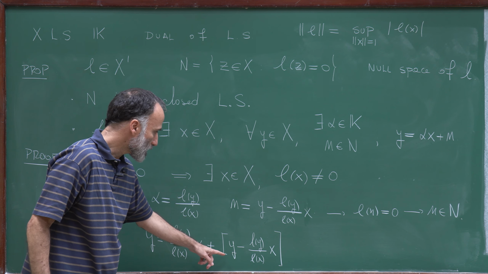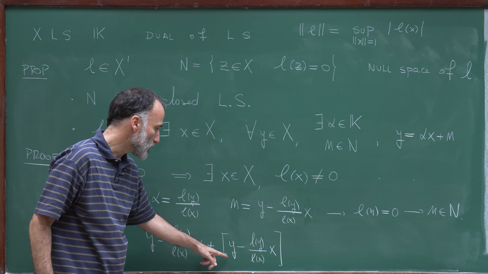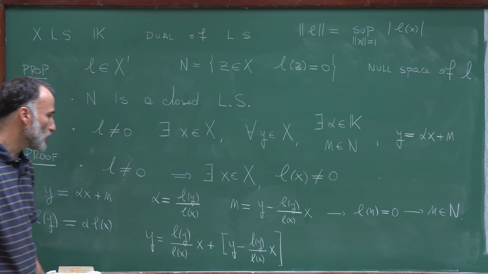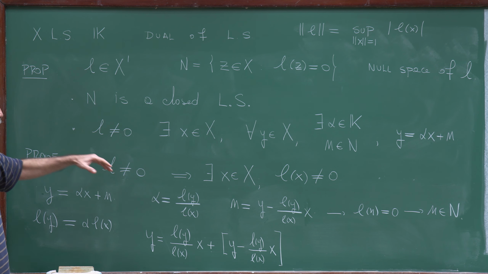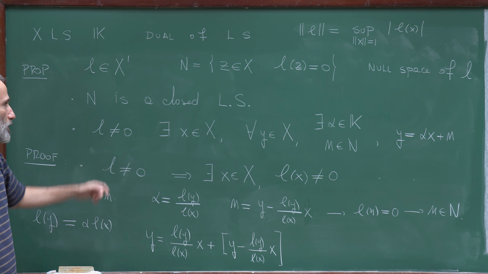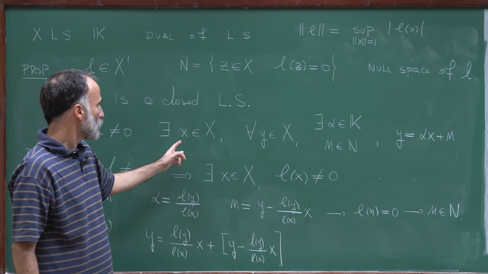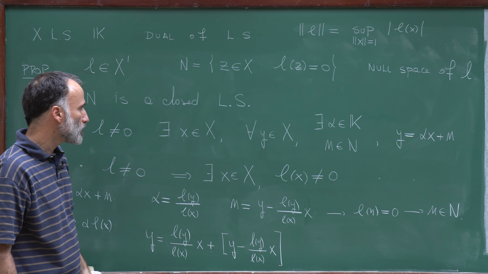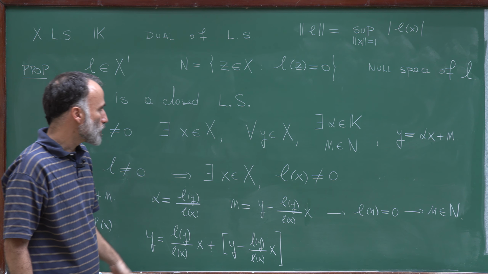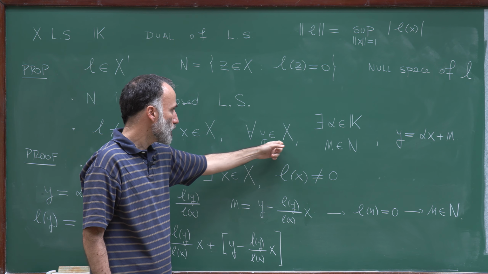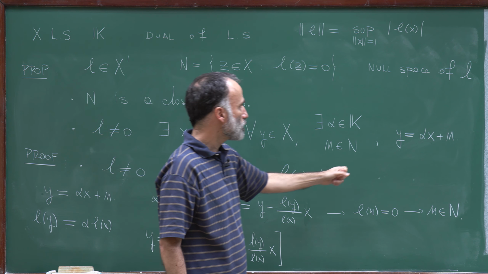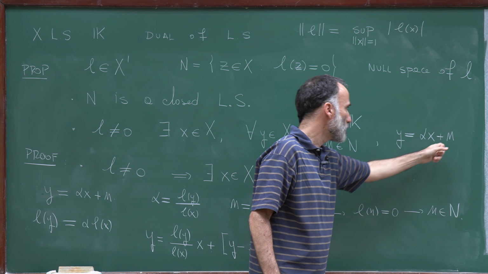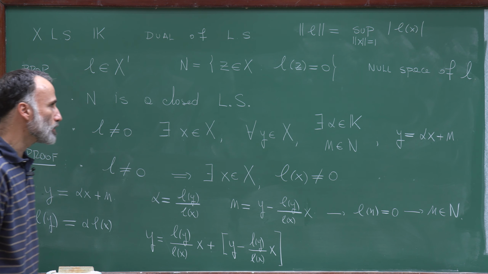And this second piece, we have seen, belongs to N, and this first piece is a scalar multiplying x. So this proves the statement that we found an element x of our normed linear space, which has the following property: whatever y we pick in the space, we can write y as x multiplied by a scalar plus an element of the null space.